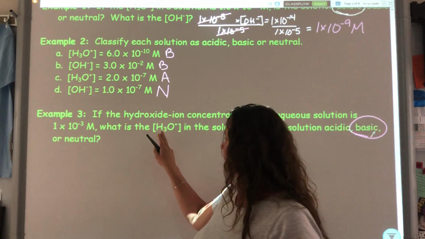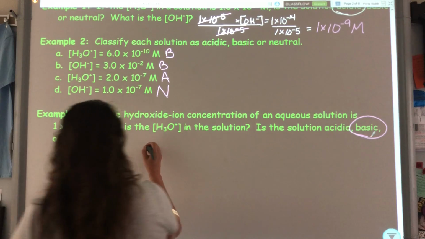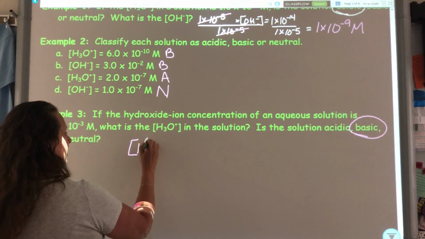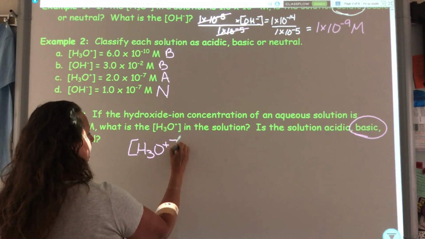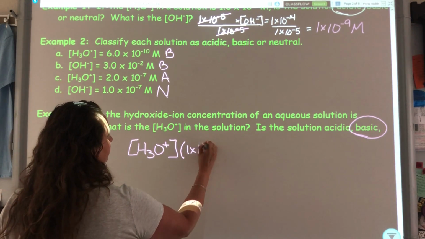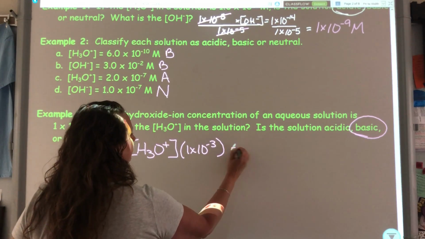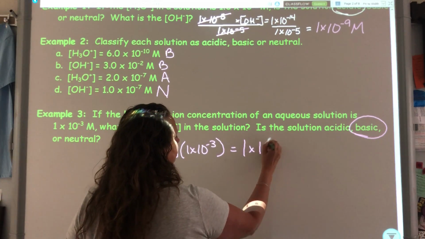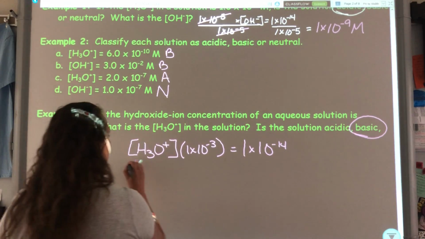And if we type this in, again, we're looking for the hydronium ion concentration, and we're going to multiply that by 1 times 10 to the minus 3rd, and set that equal to 1 times 10 to the minus 14th.